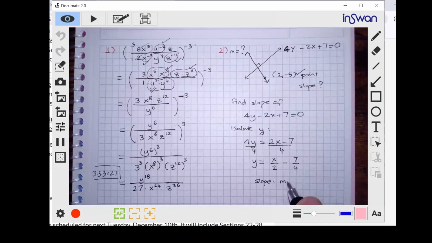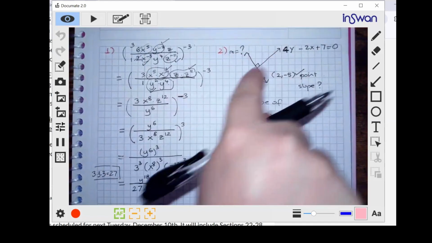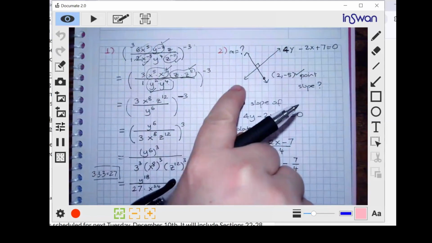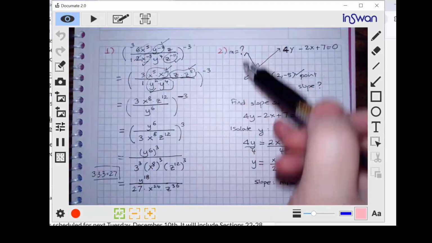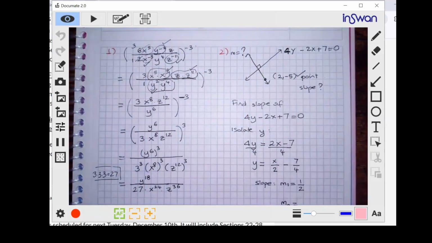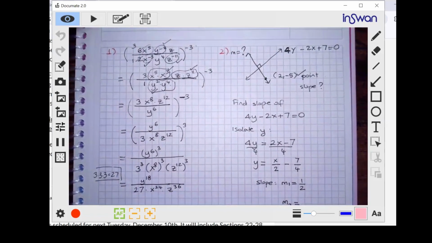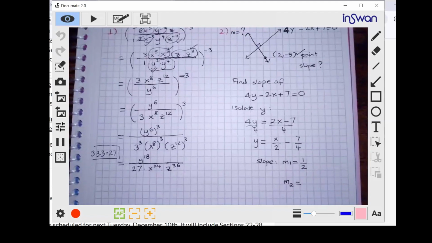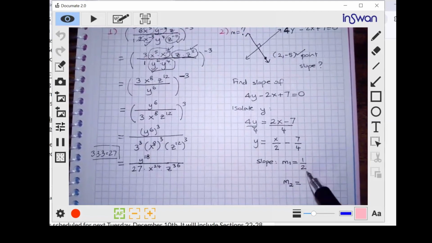The slope of the first line, let's call it m1. And if the two lines are perpendicular, the slope of the second line will be the negative reciprocal of this one. So remember, we flip and negate.